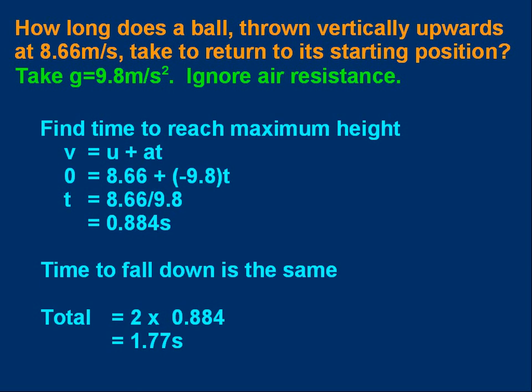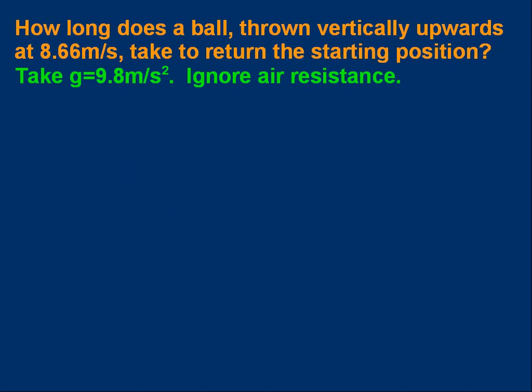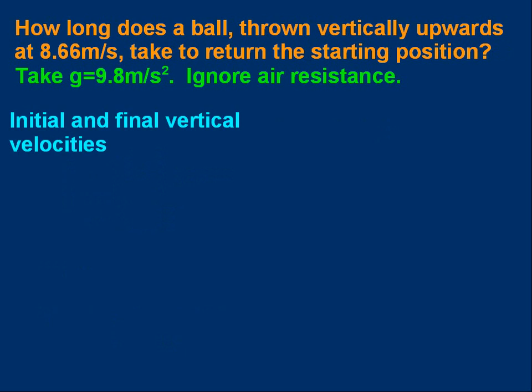Let me show you a couple of other ways that are useful to know about. Let's think about the initial and final vertical velocities. We know the initial velocity is 8.66 meters per second upwards. When it comes back down to its starting point, what will be the final vertical velocity?